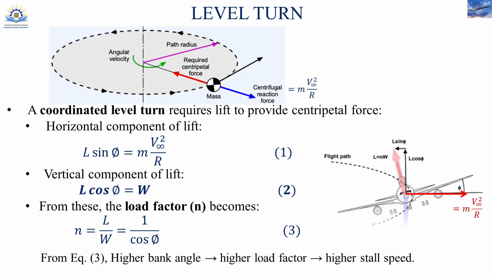Lift divided by weight is called the load factor. From the second equation, cos phi is equal to weight over lift. So N is equal to lift over weight, so that it is 1 over cos phi. Load factor is equal to 1 over cos phi, directly from the second and third equations.